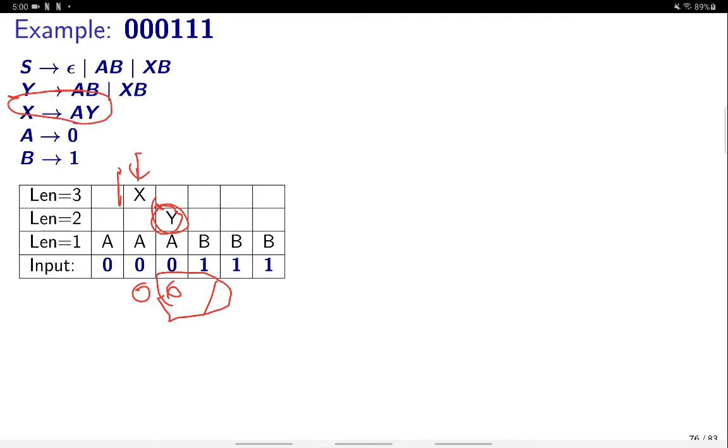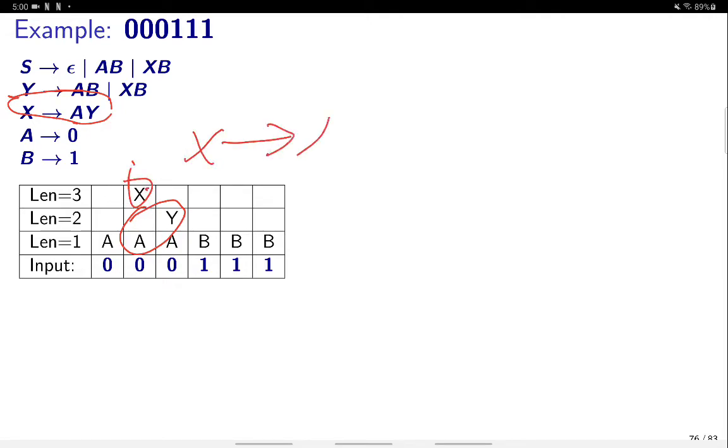A is just a way to write 0. So this is going to be A and Y. A and Y go to X, using X goes to AY. This is the A part, this is the Y part, so we get X.